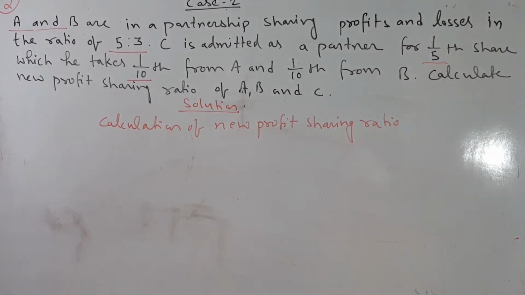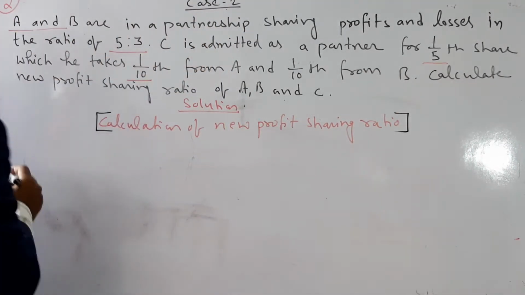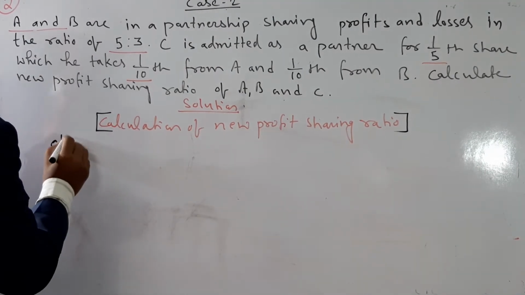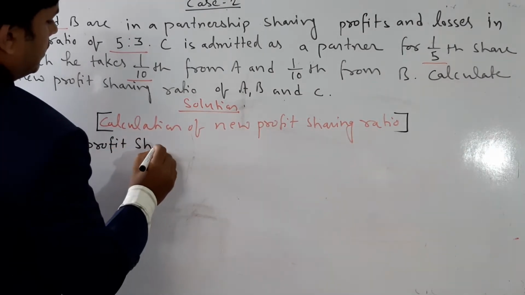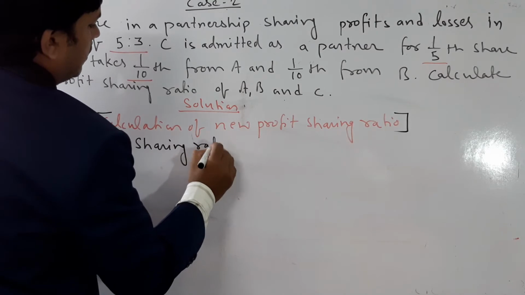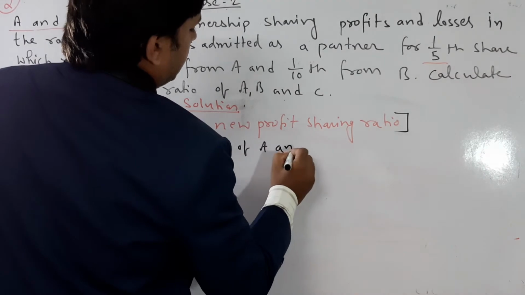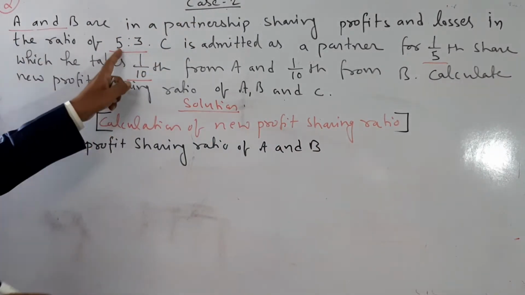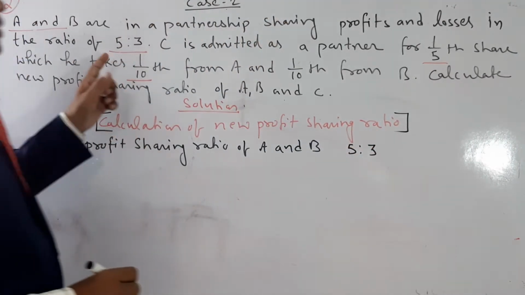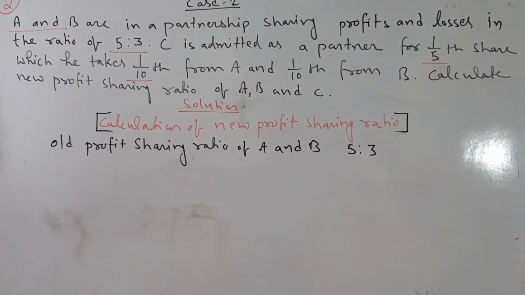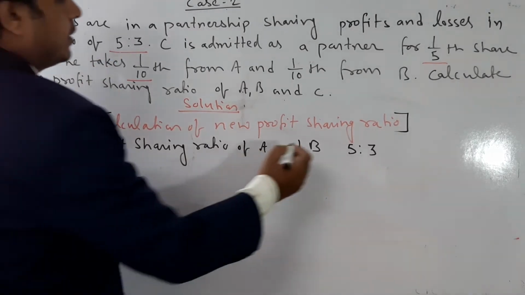Old profit sharing ratio of A and B is already given, 5:3. The question already gives it: the old profit sharing ratio of A and B is equal to 5:3.